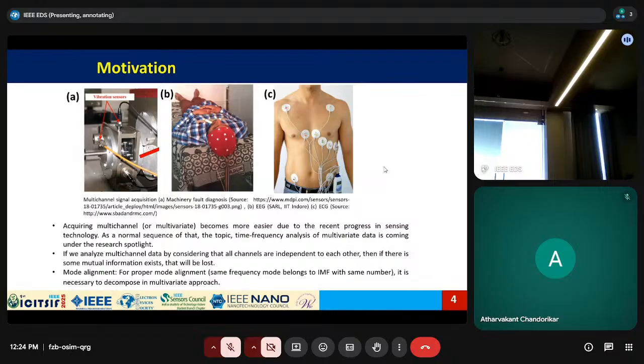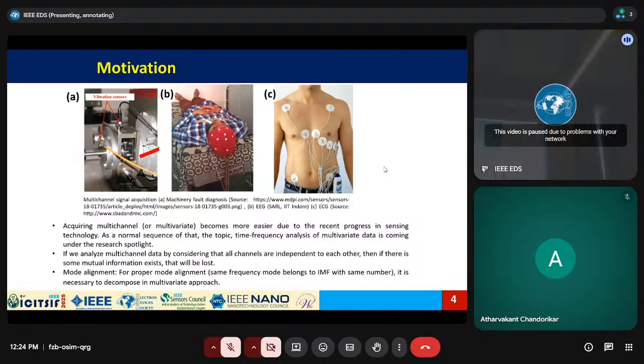When you apply them to individual channels, since they are data dependent, each channel will give you a different number of components. So the mode alignment property will not be present, and this is problematic for medical applications. For example, one channel can have 5 components and another can have 10. How do you compare 5 with 10? This is a problematic issue.